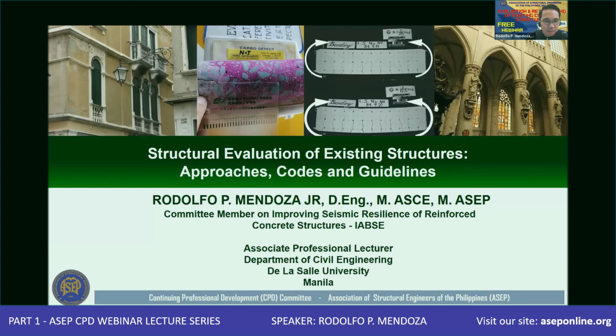And then there are also parameters like the length of plastic hinge. There are several equations available in the literature that you can use in estimating the length of plastic hinge, all of which can actually influence your backbone curve or your material modeling. And of course, the material modeling would be an important parameter when you compare it with the acceptance criteria in ASCE 41.